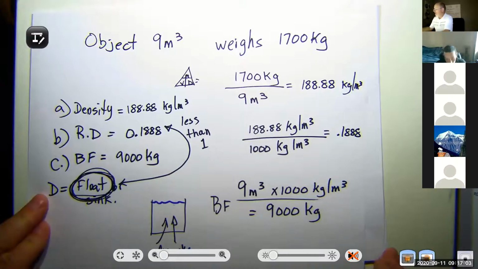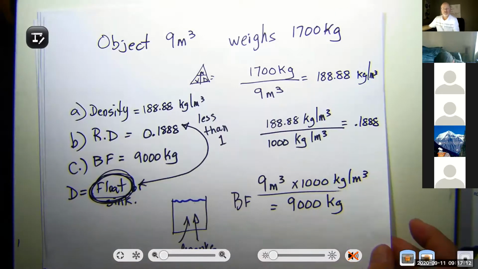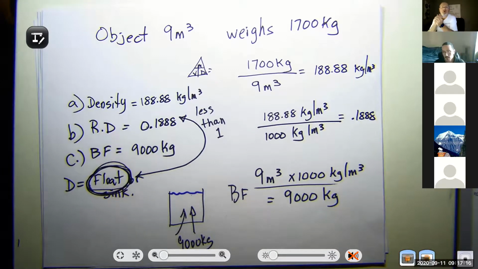So let's do another question. Sorry, Doug. The mass in the air minus the mass in water, that's not the buoyant force, is it? No, the buoyant force would be the mass of the object in air minus what the mass of the object would be in water.